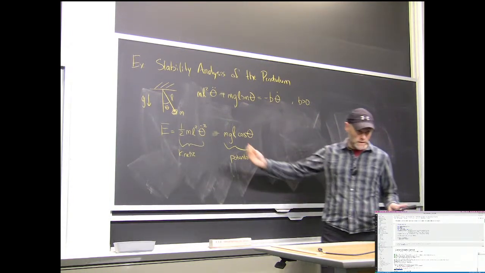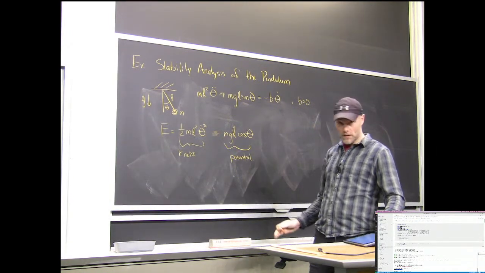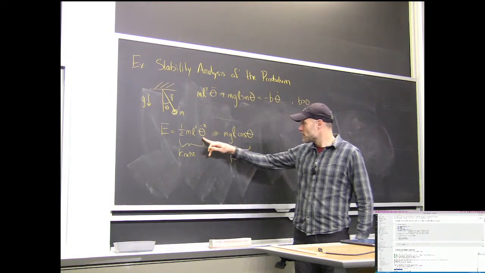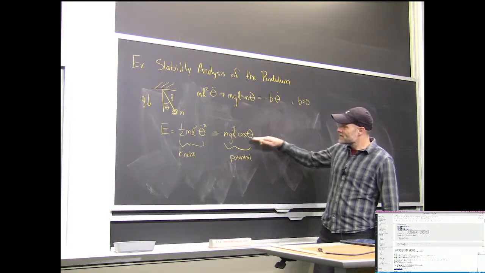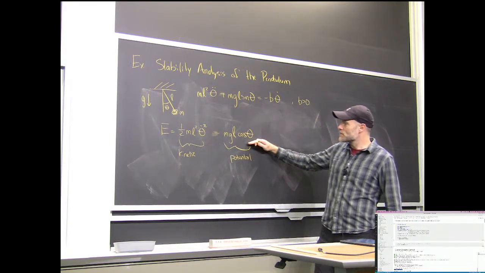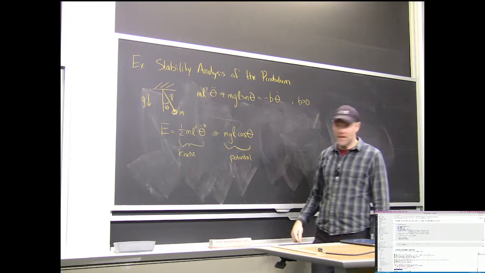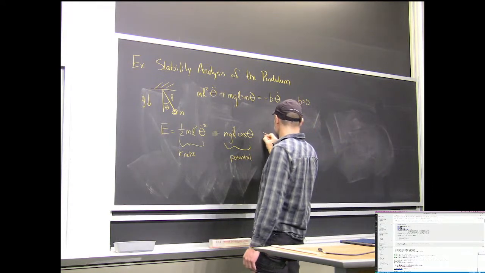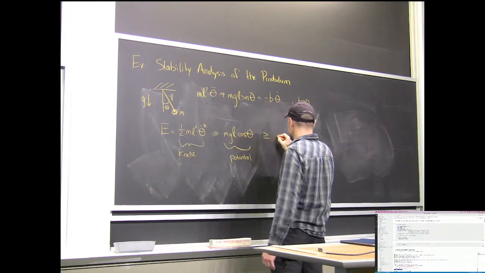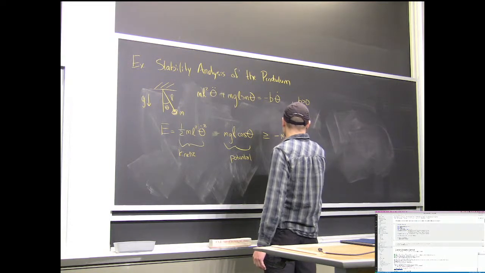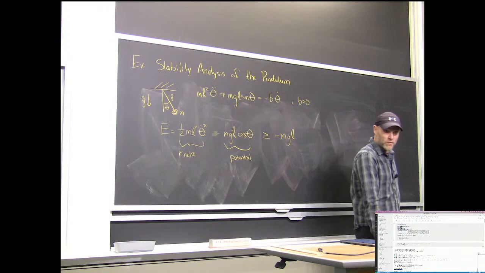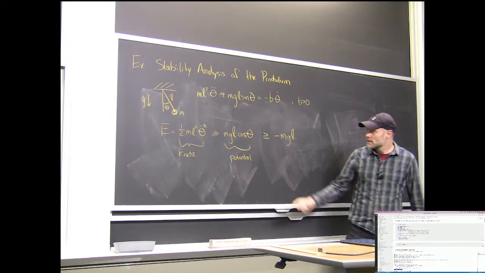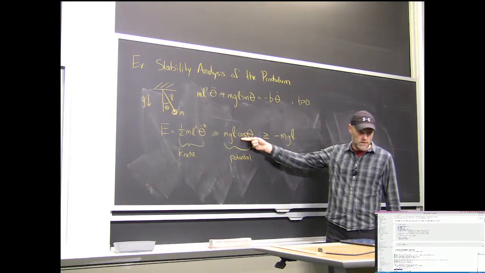Okay, so this is a function that we can reason about. It's a scalar function, right? It depends on theta and theta dot. But by quick inspection of the algebra and understanding of the physics, I can look immediately and say that this thing is always going to be greater than negative m g l. That's the configuration when I'm at the bottom here, because that cosine is going to be between -1 and 1.